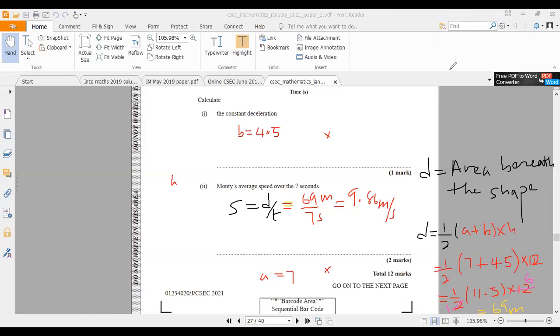Distance is equal to half bracket a plus b times the height. So we get 1/2, 7 plus 4.5 times 12. We work it out and we get 69. So for me to find my speed, speed is equal to distance over time. The distance we had initially from the trapezium was 69 meters, divided by 7, I got 9.86 meters per second.